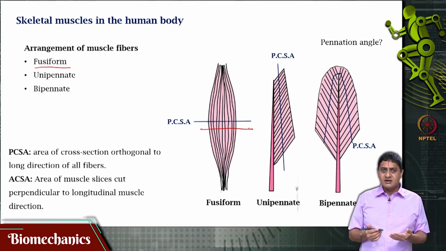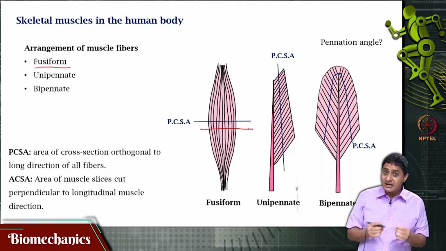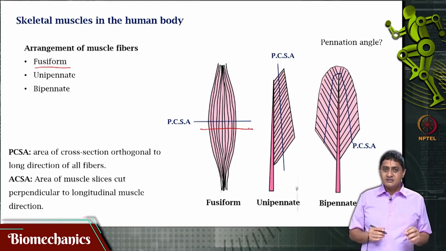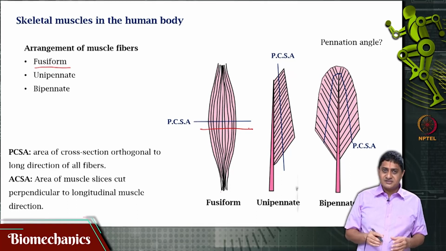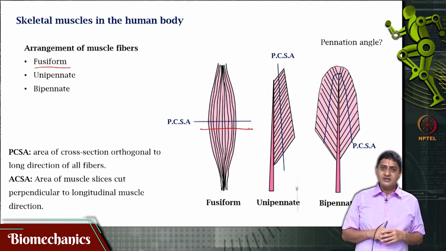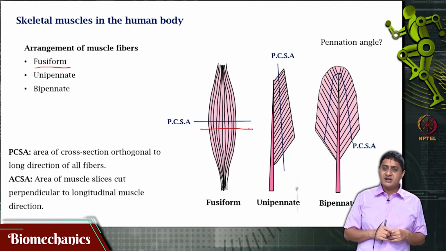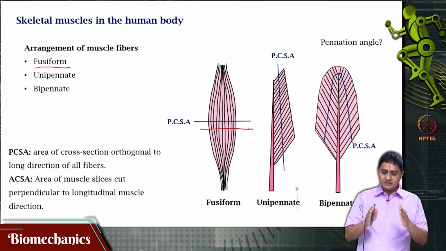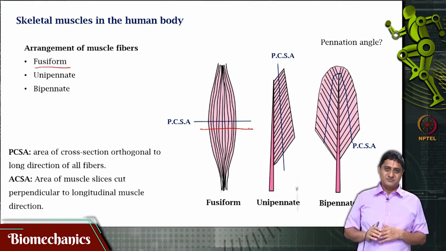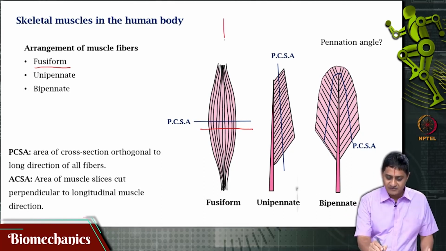If you are looking at parallel fibered muscles, the cross sectional area perpendicular to the direction of the fibers and the cross sectional area you would find when you section the muscle itself will be the same, because fibers are not oriented in a direction different from the way the muscle itself proceeds.